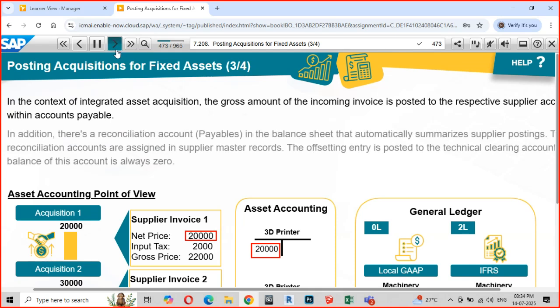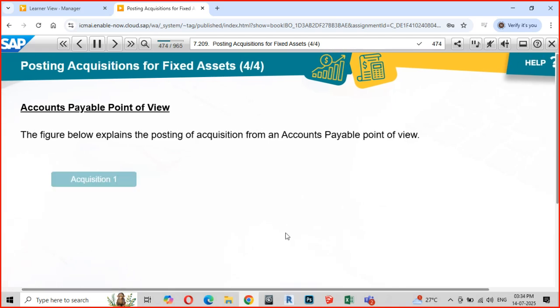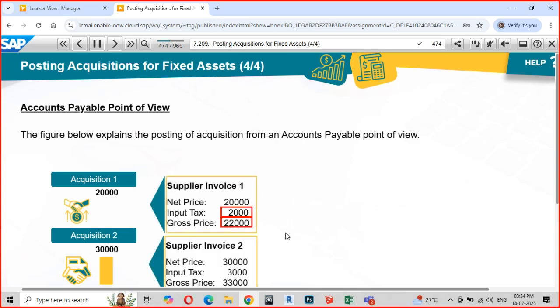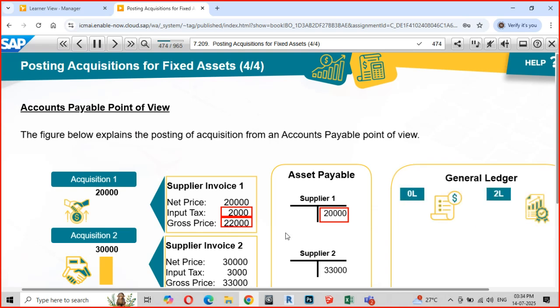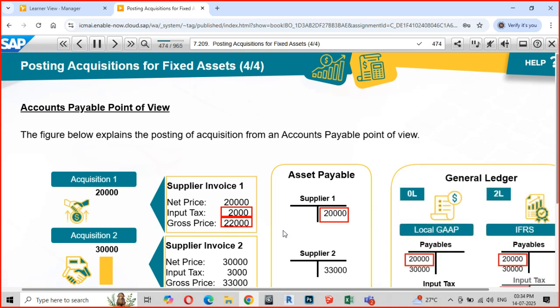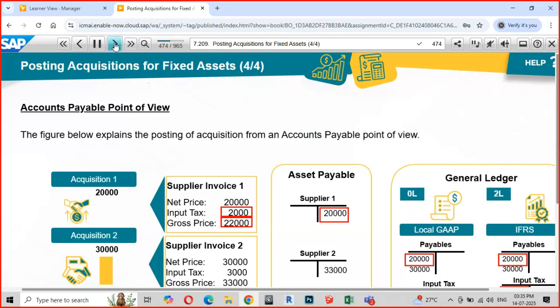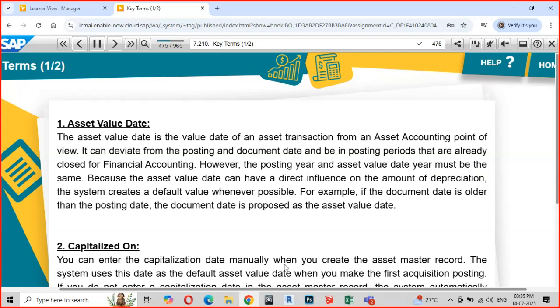Don't worry about this. Just read them through. Okay. So these are all the typical terminologies used in SAP.